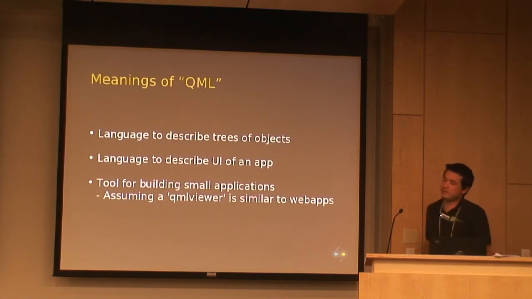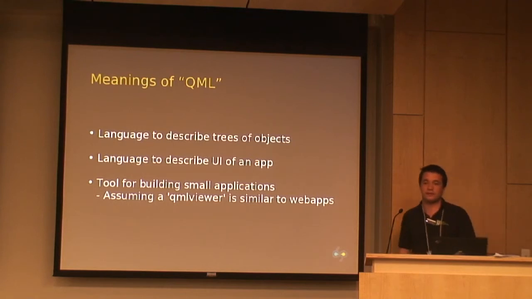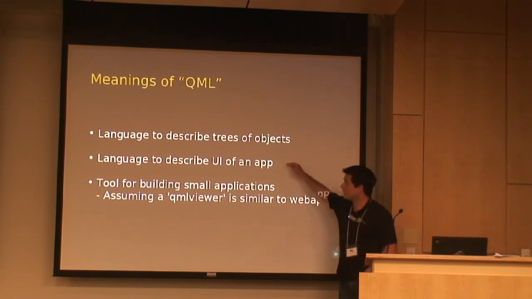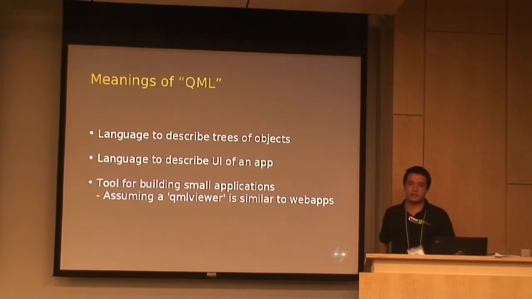But since we are in the context of declarative UI, it's a language to describe the user interface of an application. And at this level, QML is very efficient, and it's doing the same job as Edje did for Enlightenment.